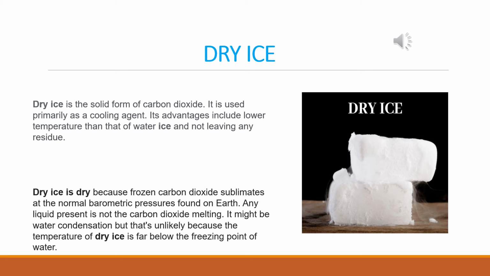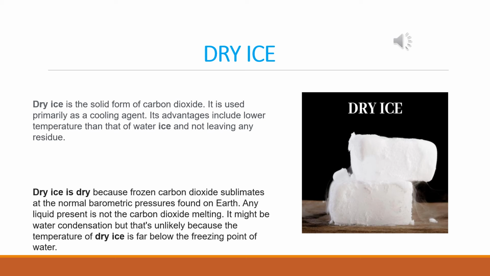What is dry ice? Dry ice is a solid form of carbon dioxide. It is used primarily as a cooling agent. Its advantages include lower temperature than that of water ice and not leaving any residue. Its temperature, that means the temperature of dry ice, is minus 78.5 degrees Celsius.